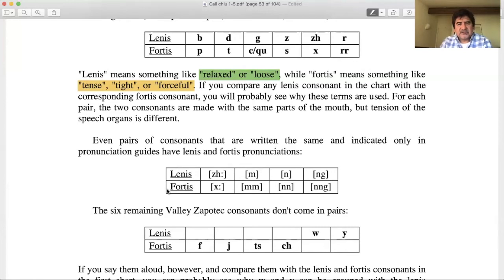Remember that we talked about the ZH colon: when you pronounce it, and also the X, you hear this kind of whistling sound, especially the lenis. And then we have the fortis, two M's, two N's, and G. But remember, these are just the sounds, so we don't actually write them when we are writing Zapotec.